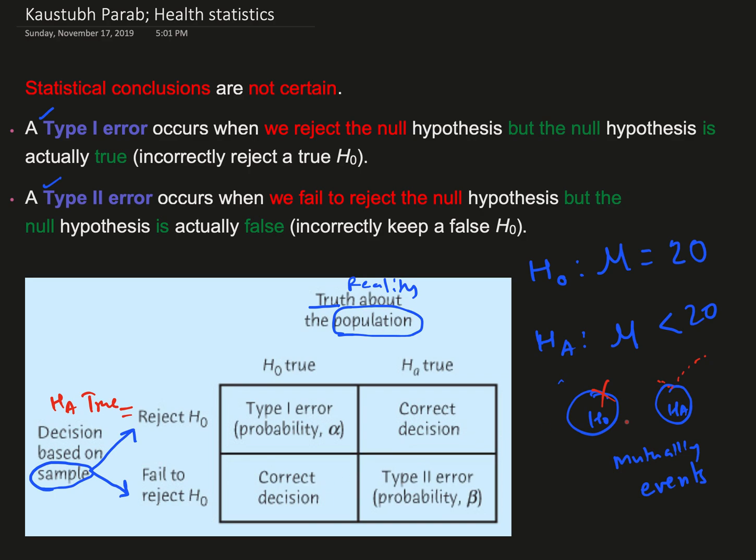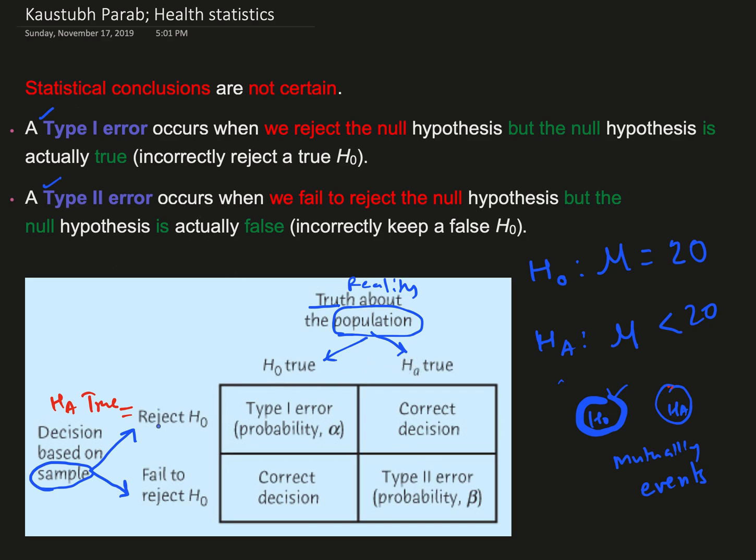That means there is a possibility that we anticipate the null hypothesis to be correct. Basically, we don't say exactly that this is true, but we fail to reject the null. That means it's possible that this is going to be true. Similar two possibilities could occur for the population as well. So for the population, you can also get the null as true or the alternative as true.